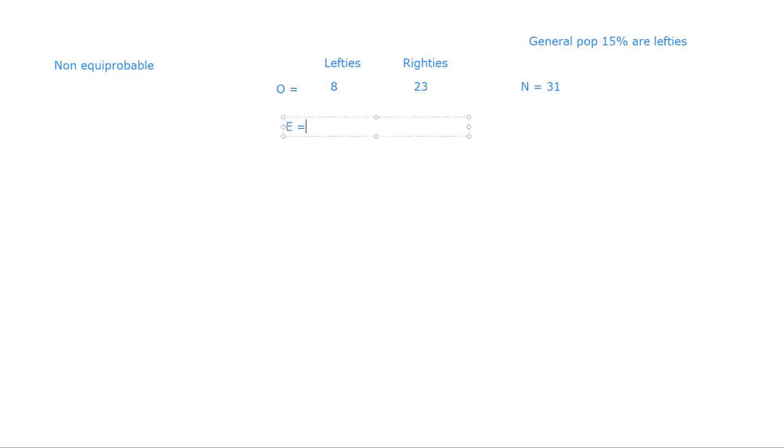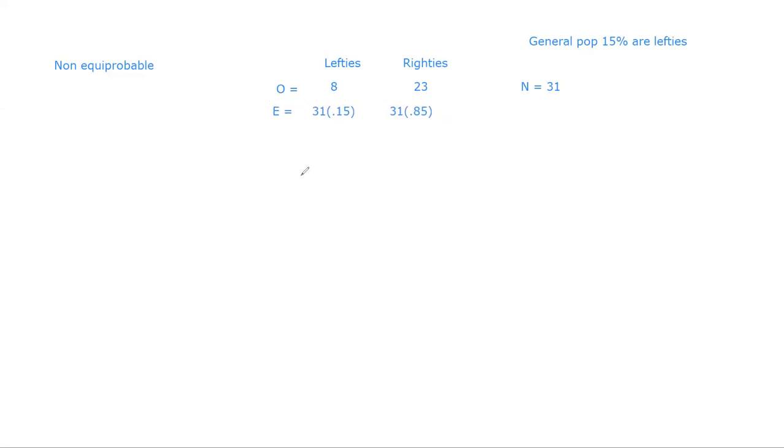So I'm going to fill in my expected, and that's going to be this total n times the population proportion that I would expect in that category. So I have 15% lefties, so I'm going to multiply that 31 times 0.15, and then for my expected value for righties, I'm going to bring in the 85%.